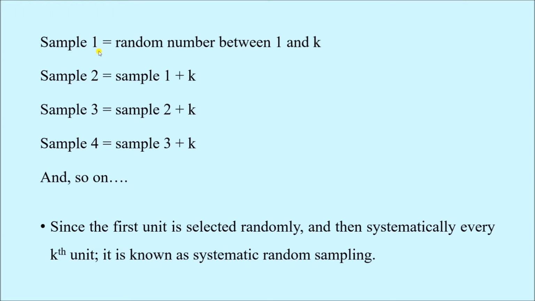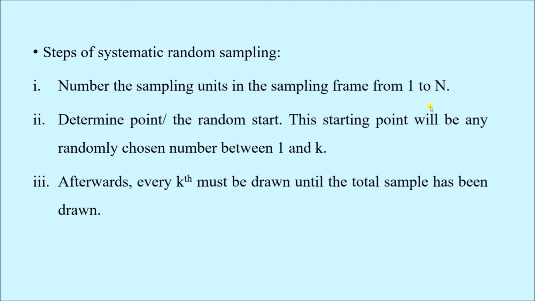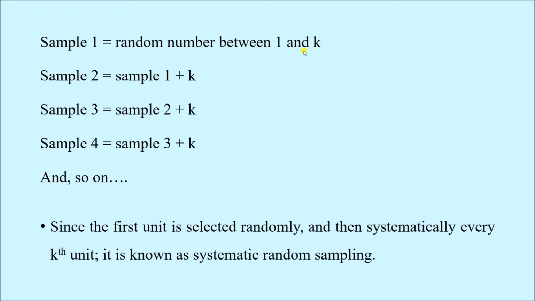So the first sample is any random number between 1 and k. When we have a list and we select any random number between 1 and k, that will be my first sample. Then we add k to that, and that is my second sample. And then we again add k to our second sample number, and that will be our third sample.